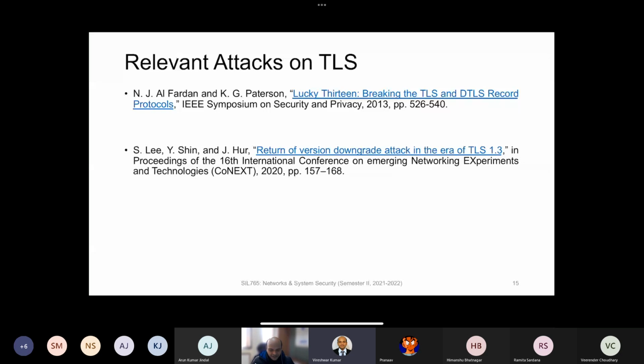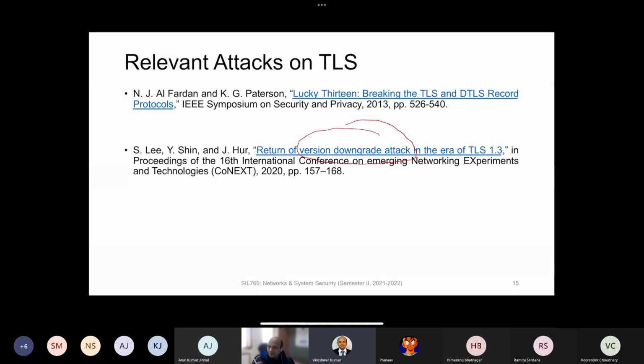The first is a very relevant attack that is possible in TLS, and people have shown it working on different versions of TLS. This is called a version downgrade attack.